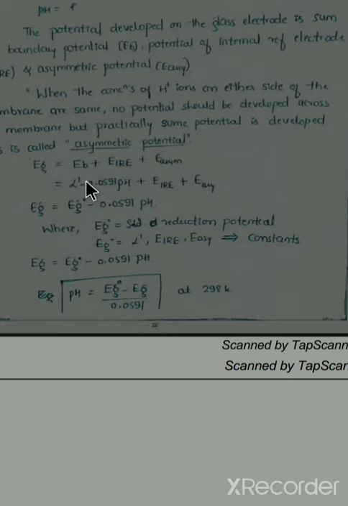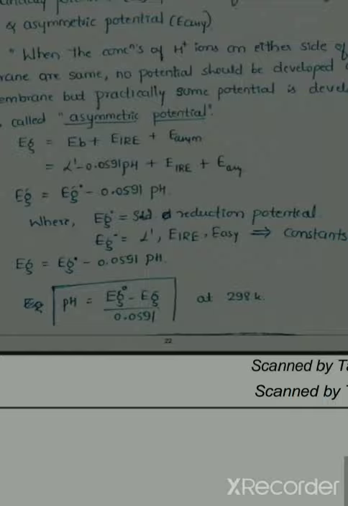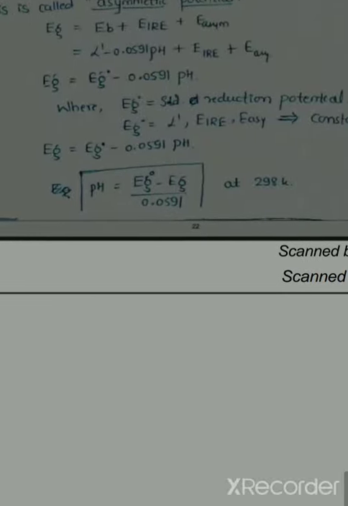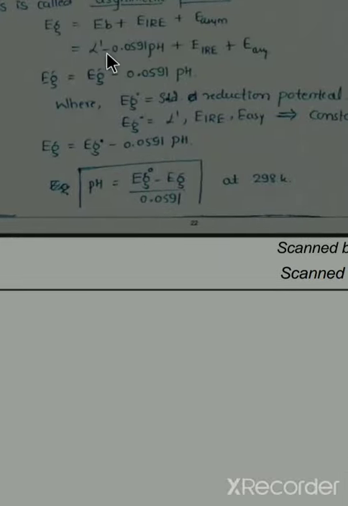Now we have already arrived at the EB value, that is EB equal to L dash minus 0.0591 pH, plus EIRE plus E asymmetric. So these three are constant here. You can consider L dash, EIRE and E asymmetric.